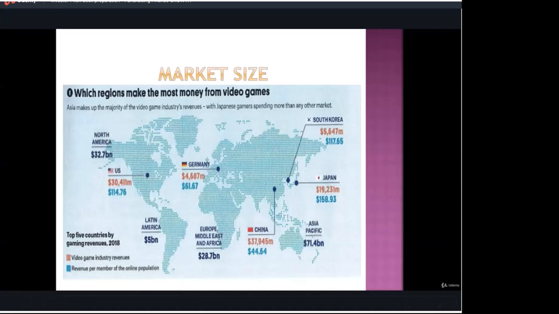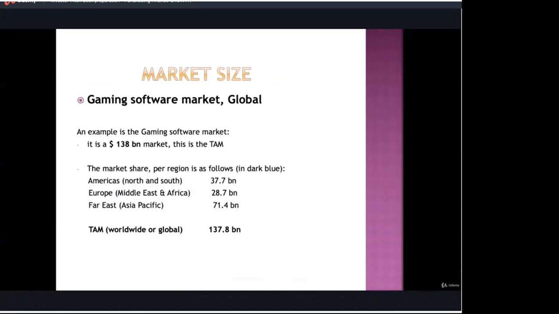An example is the gaming software market. It is a $138 billion market in 2018. This is the TAM, the total addressable market.